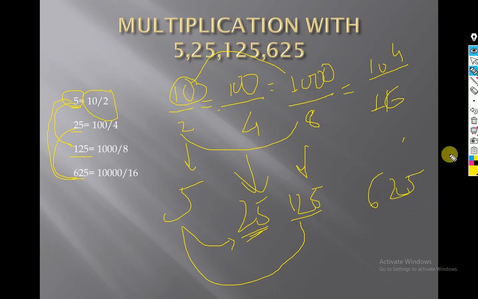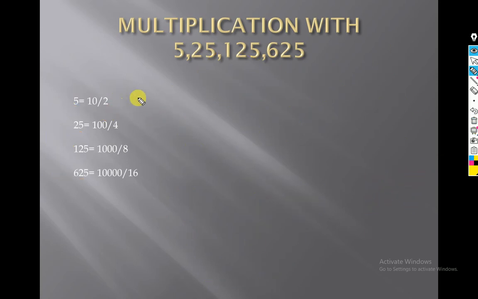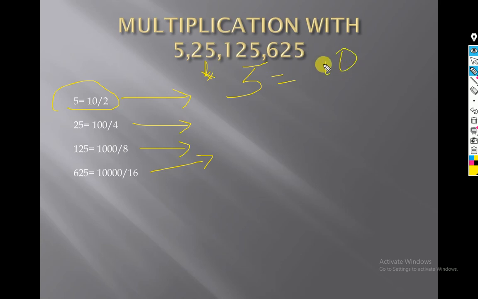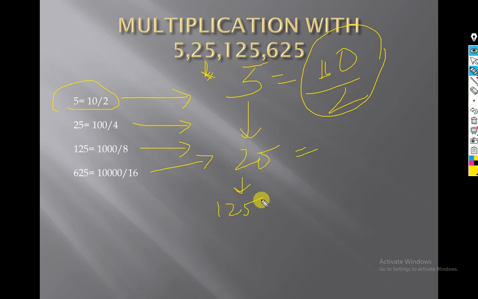All I'm trying to say is you can correlate. You don't need to memorize these things. You just remember one thing, that's 5. When multiplying by 5, you do 10 by 2, then automatically 25 you will remember, 125 you will remember, and then 625 also.